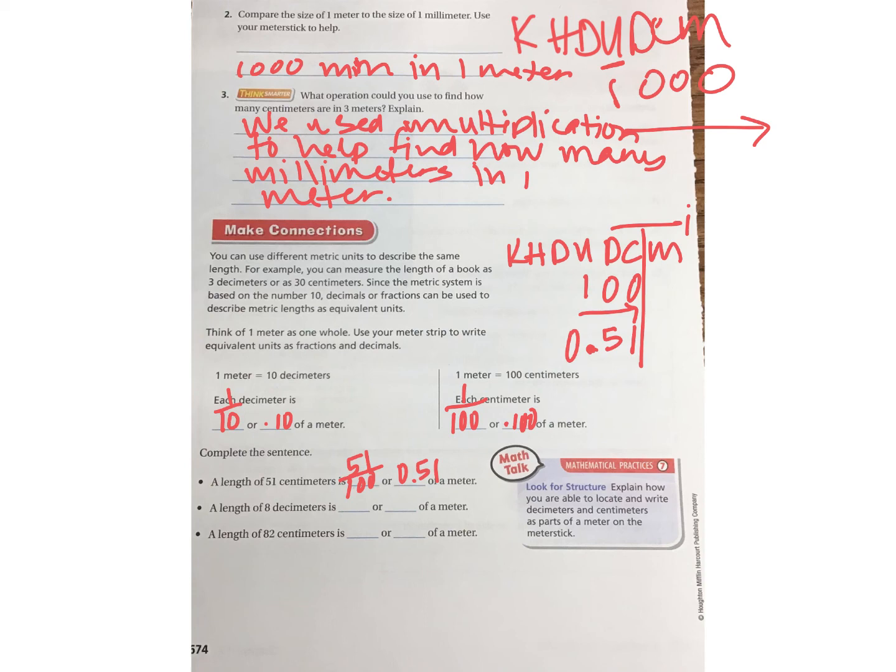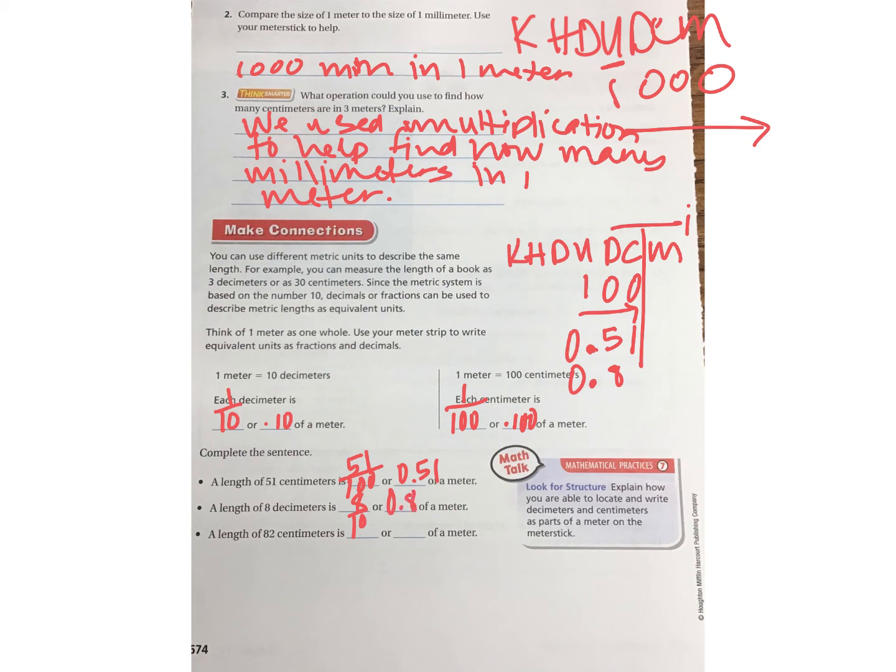All right, so let's try 8 decimeters. So put 8 under deci. Okay, and we're going to meters again. So this goes right before. So it's 0 under the unit. So what is 0.8 as a fraction? 8 tenths, right? Because we're just going over one place. Okay, so what is it as a decimal? 0.8.